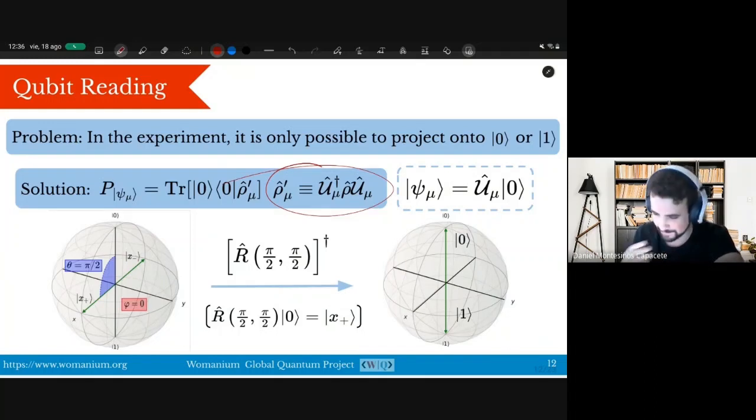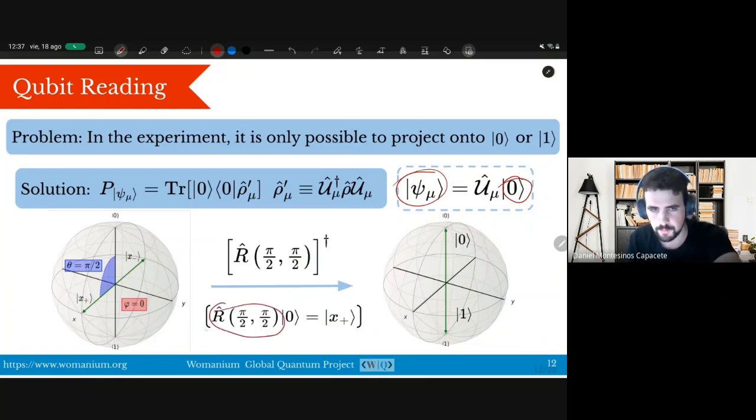Since I know this is confusing and difficult to understand looking at this equation, the idea is that if I have a transformation, and this means a qubit rotation using lasers in our case, that takes the zero vector to the vector that I want to measure, I need to apply the inverse transformation. For example, if I have this rotation that gives me this state, I need to apply the inverse rotation, which corresponds to the adjoint rotation, because what I want to do is take this vector basis and convert it to the 0, 1 basis.